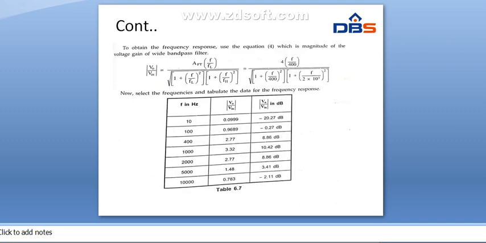To obtain the frequency response, the magnitude of the voltage gain of the wide band pass filter is V0 by Vin. Mod V0 by Vin equal to AFT into F by FL, divided by the square root of 1 plus F by FL whole square, into 1 plus F by FH whole square. Here AFT is the overall gain.